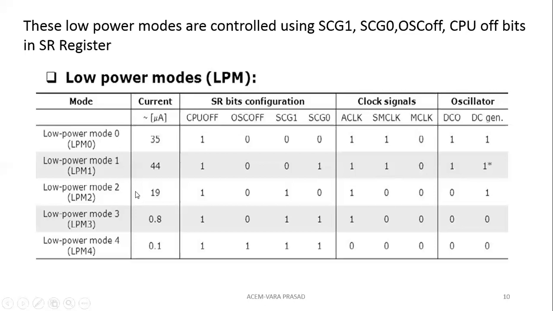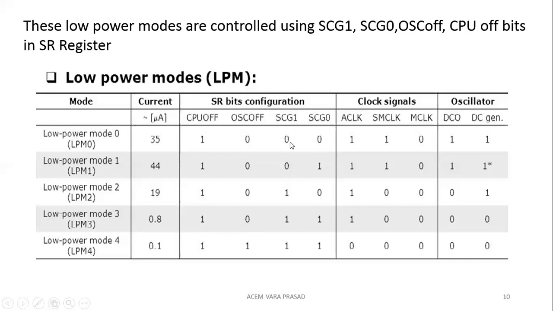In low power mode 2, the CPU is always off, system clock generator bits are 1 0 1 0, and the oscillator is also on, where 0 means on condition. Then A clock and DC clock will be on, and the remaining are inactive. In low power mode 3, the CPU is off, only the oscillator will be on, and the system clock generator value is 1 1.